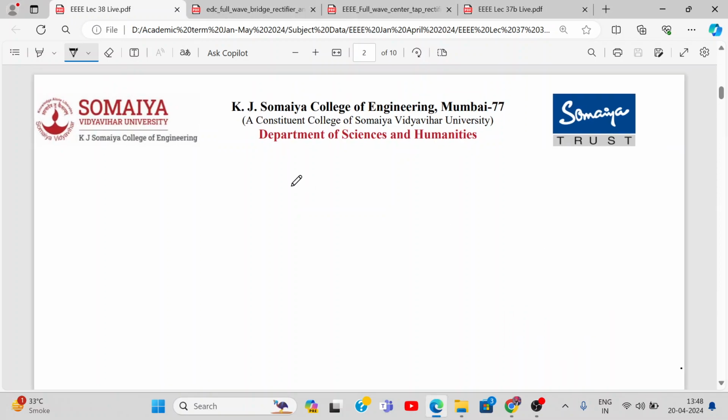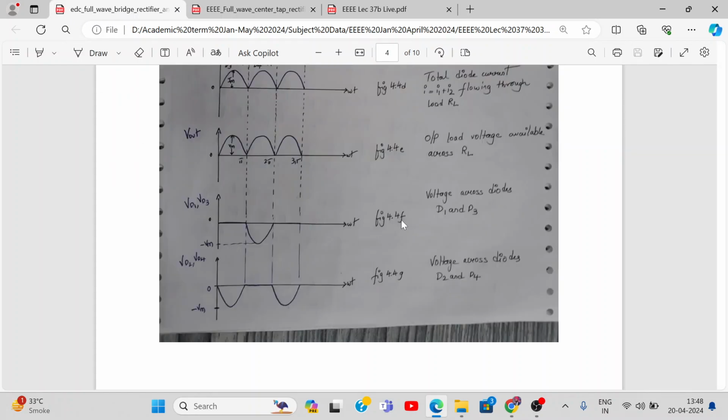Anyways, so let's begin. Let's write down transformer utilization factor. I think I have to open the document one more time.